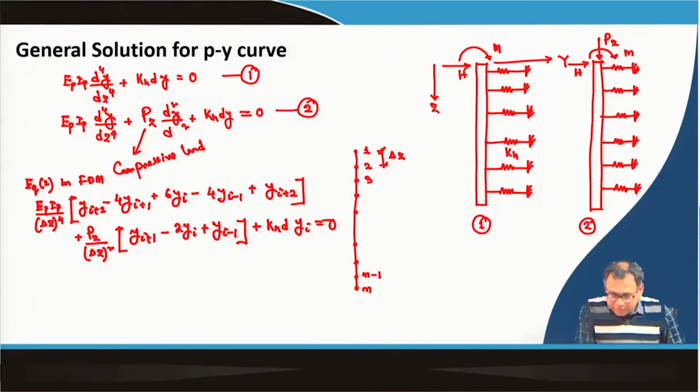Now, we have to apply this equation on all the nodes. Here you can see there is a term i plus 2 and a term i minus 2 also.